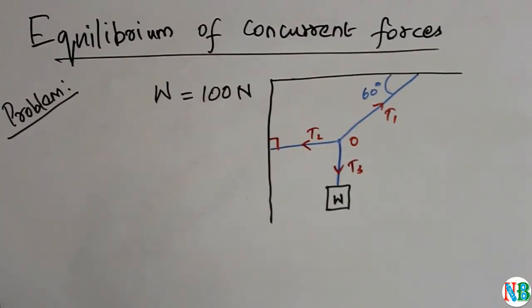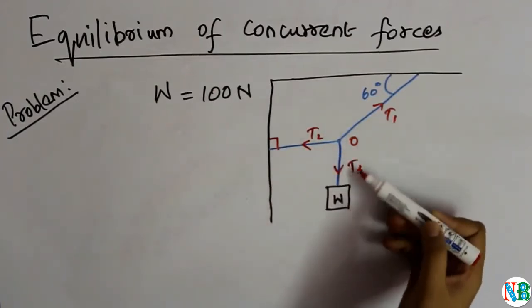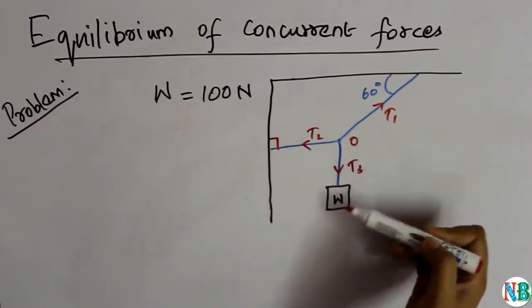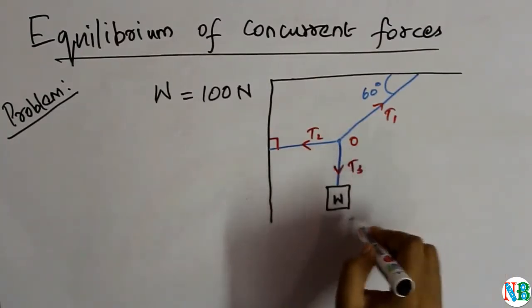Here we are going to find the tension of this system, that is the block and the third rope. Now we are going to draw this system alone.